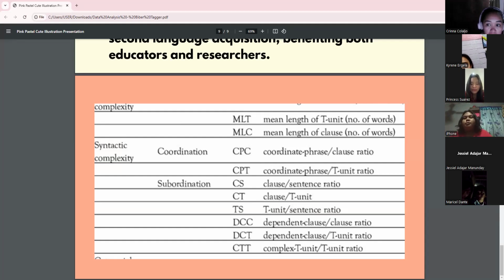And also Coh-Metrix analyzes cohesion and readability in text, because there are times that we keep on making typing errors. So by the use of Coh-Metrix, it will give us an idea what word we typed incorrectly. So those are the things.